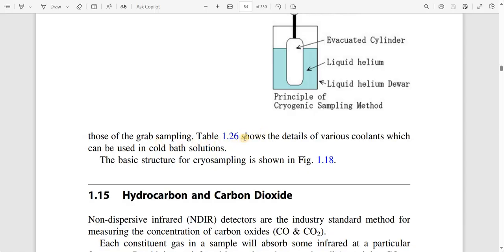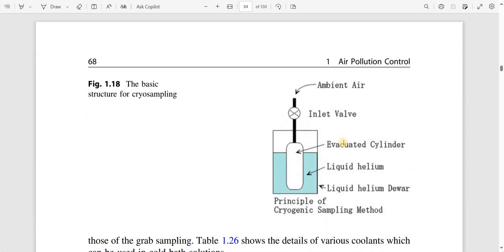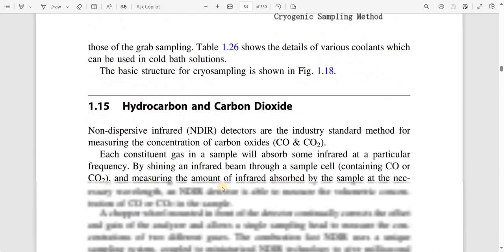Figure 1.16 shows the details of various coolants which can be used in a cold bath solution. The basic structure of cryo sampling is given in figure 1.8: an inlet bulb, evacuated, and liquid helium which will keep it in a liquid state.